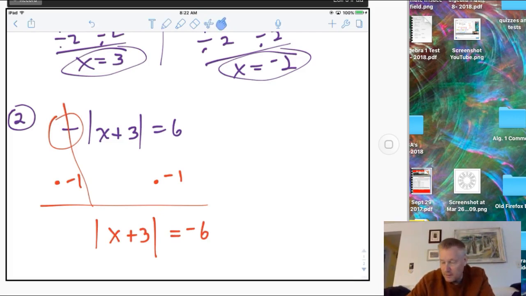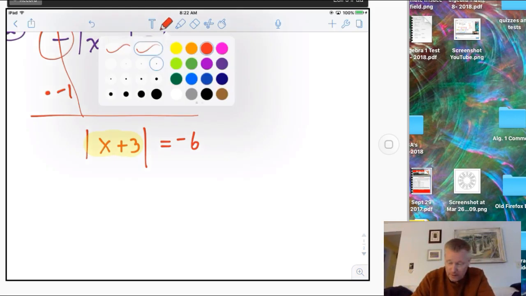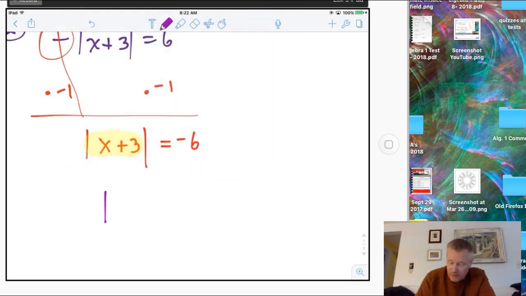equals -6. Which brings up an interesting predicament, because I'm looking at this and I've got the absolute value of something, in this case x plus 3, equaling a negative number. Now, if we take a closer look at that, the absolute value of something in here, I'll just call it y, there's two things you'd fit in there for y, either 6 or -6, but neither one works.